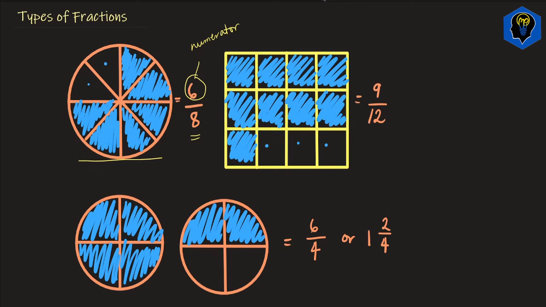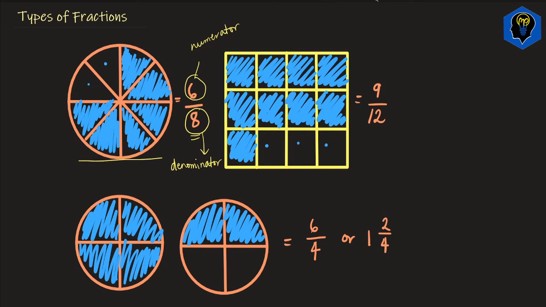Okay? Numerator. Yung number naman na nasa baba, that is what we call the denominator. Okay? So, importanteng maintindihan nyo what the numerator and denominator is, huwag pagbabalik-tarin kasi yan yung magiging basis natin para malaman nyo yung mga different types of fractions.